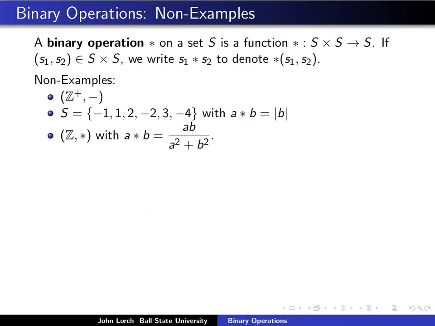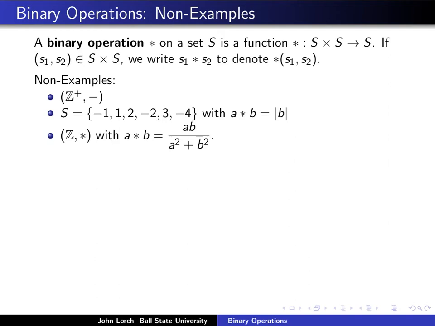So sometimes there are operations on sets that kind of look like binary operations, but they aren't really binary operations. And so the main way that an operation can fail to be binary is where you take two elements of the set, and you multiply them under the binary operation, and it gives you something that lives outside the set, okay?